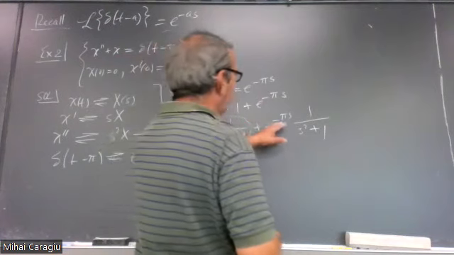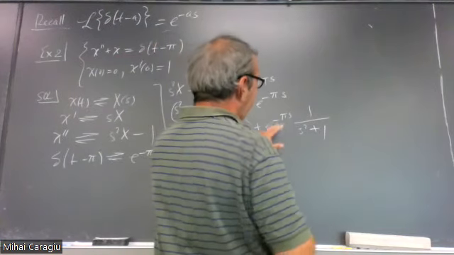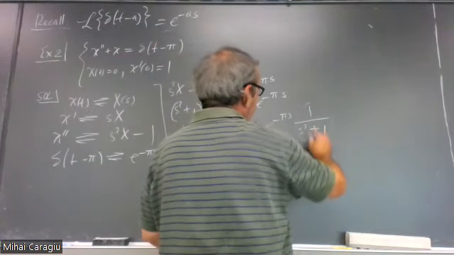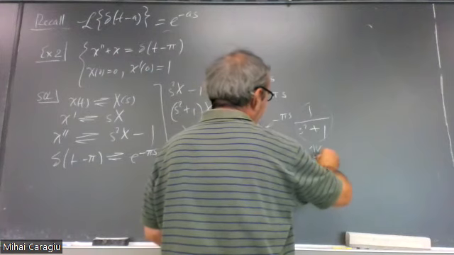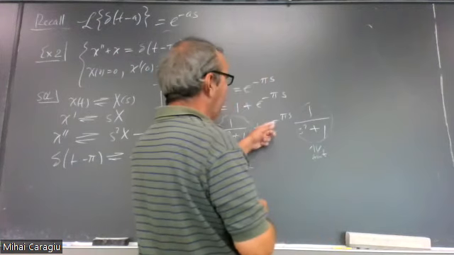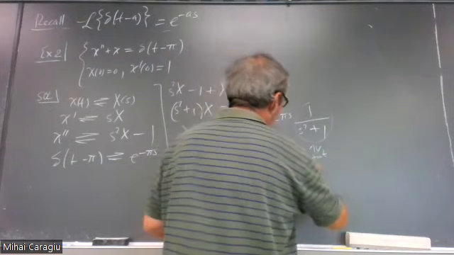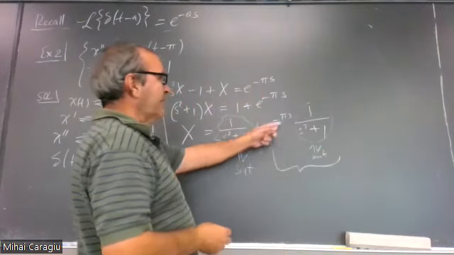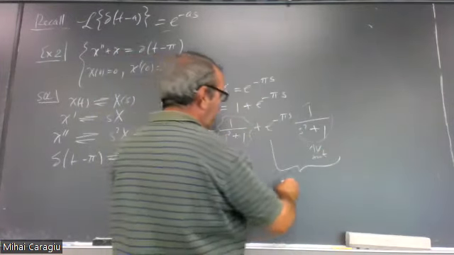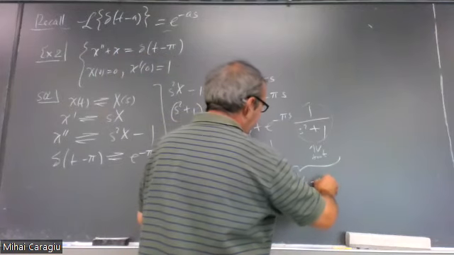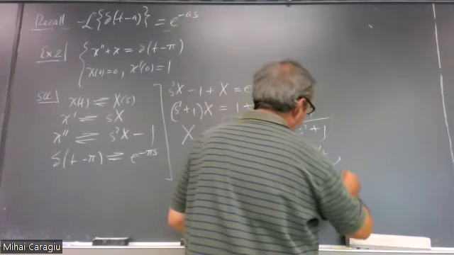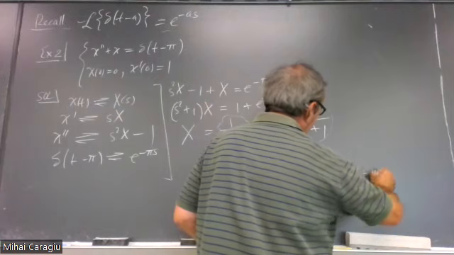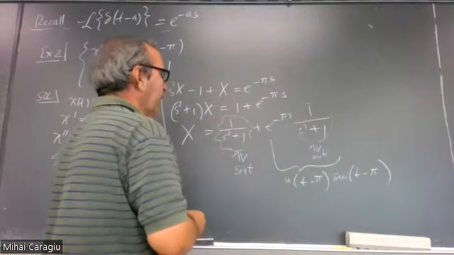And this one, be careful, we have a delay here, right? In itself, this would be sine t. But because of e to the minus pi s in front of it, this whole product, e to the minus pi s times 1 over s squared plus 1, is u of t minus pi times sine of the quantity t minus pi.